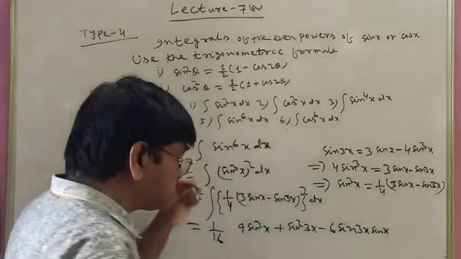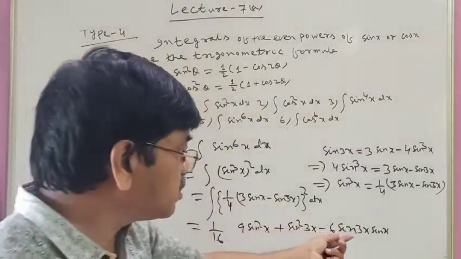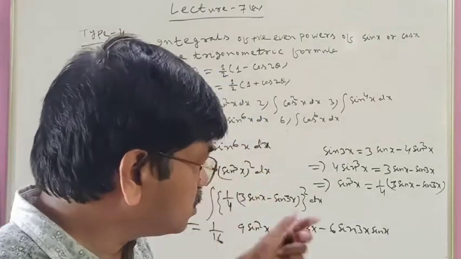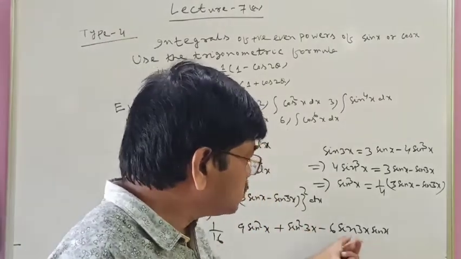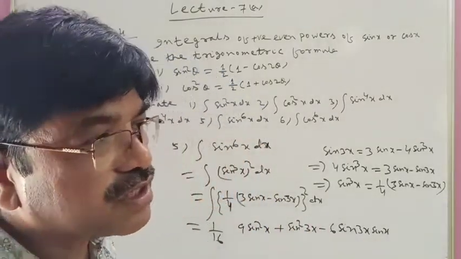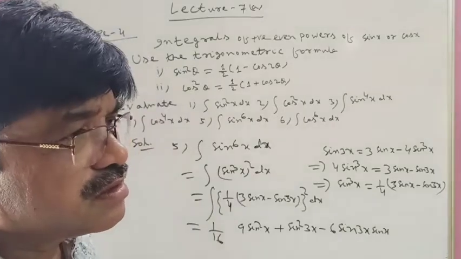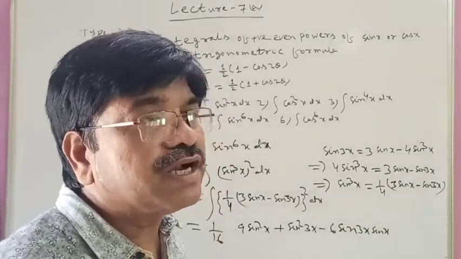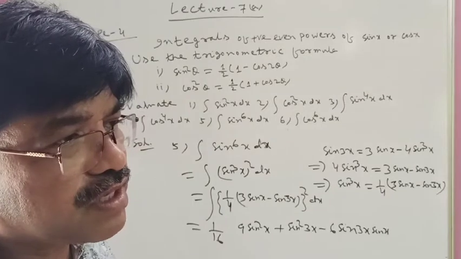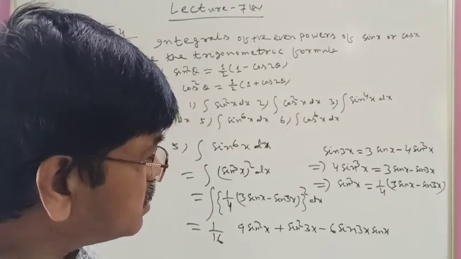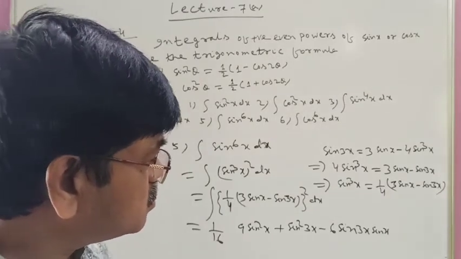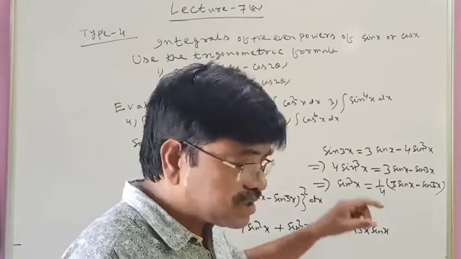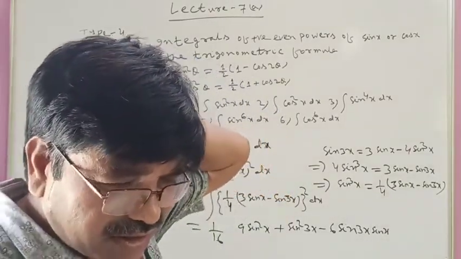For multiple angles I have already told you, first write the bigger angle. You can also write smaller angles, because this will be 2 sin a into sin b. You have to convert it to the form 2 sin a sin b. So that formula is cos a minus b minus cos a plus b. So a is 3x, b is x: 3x minus x is 2x, 3x plus x is 4x.